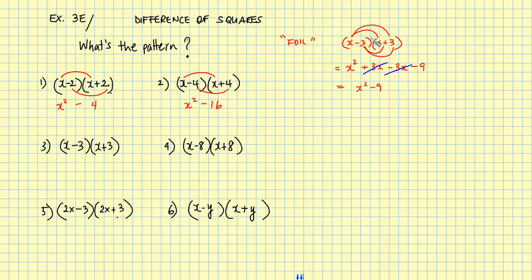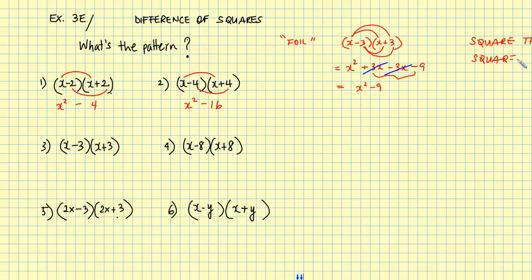When I have this situation, instead of actually having to FOIL the whole thing, where the middle x terms get cancelled out, all we do is take a shortcut. We just square the first term, and then square the last term.